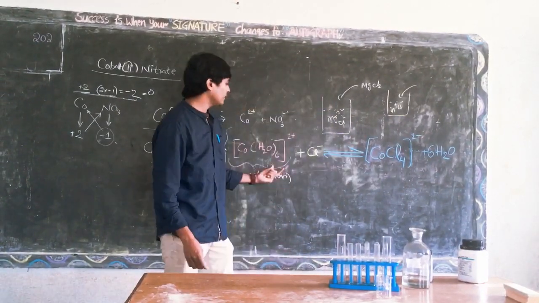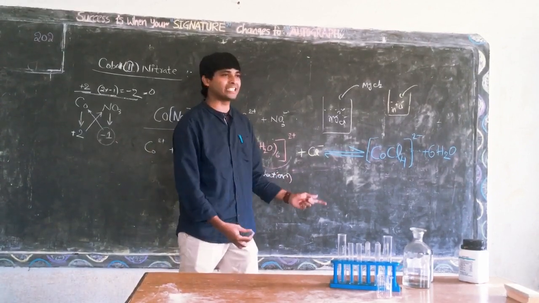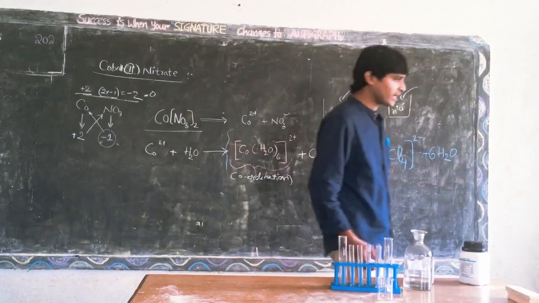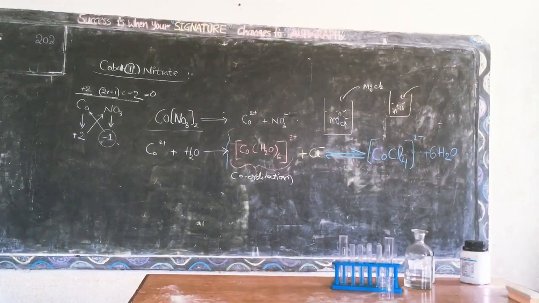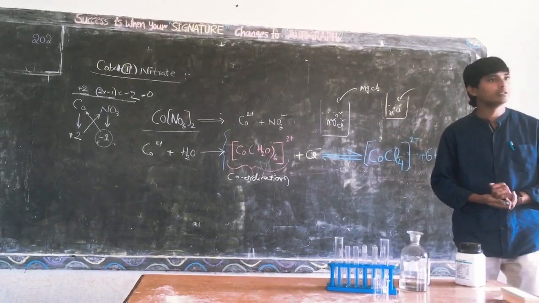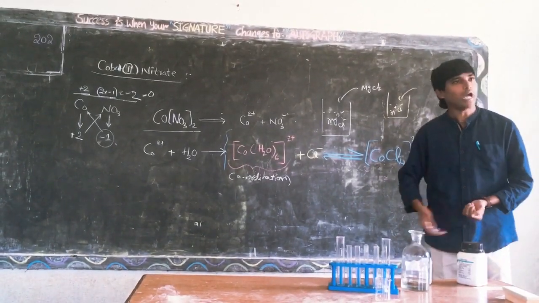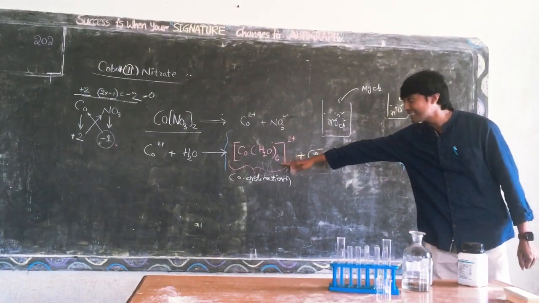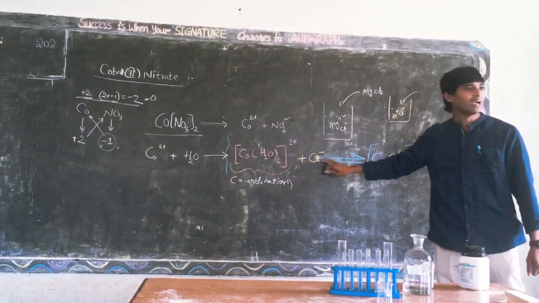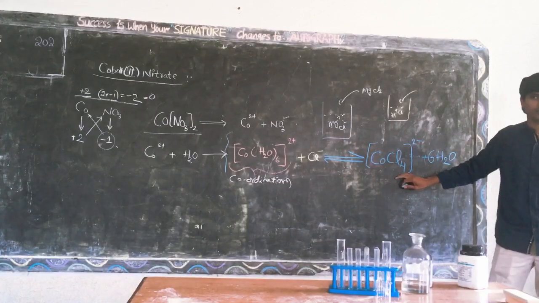So what do I have to increase, the reactants or the products, to make this go forward? Reactants I have to increase. So this will be water anyhow. I will increase this Cl minus and I will get this as a product.